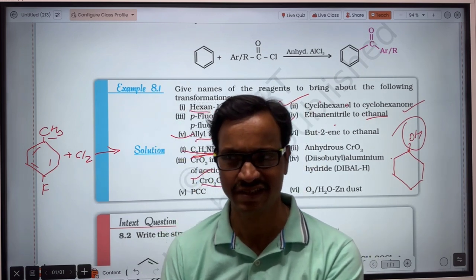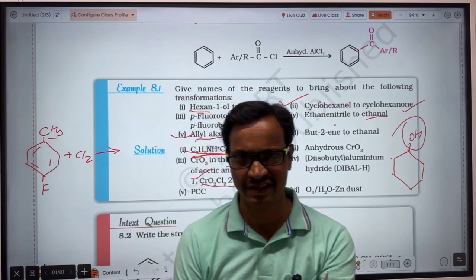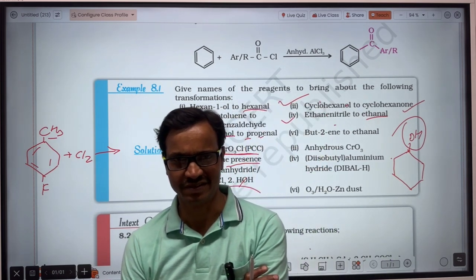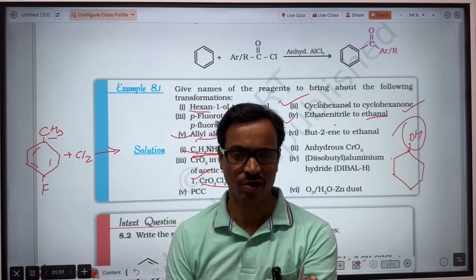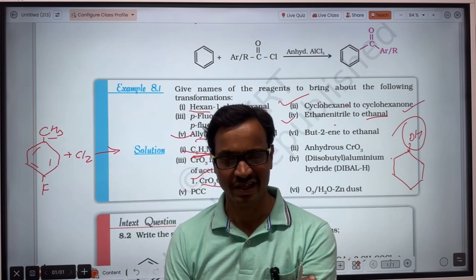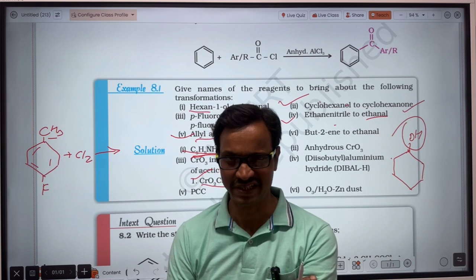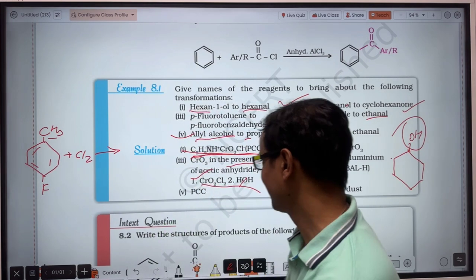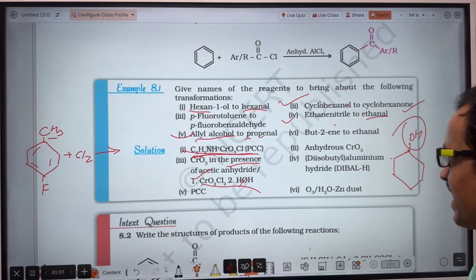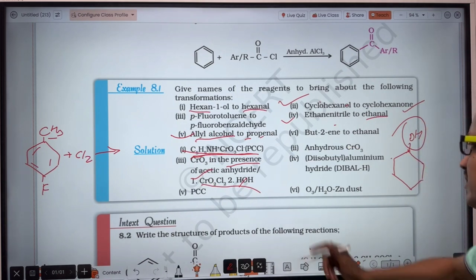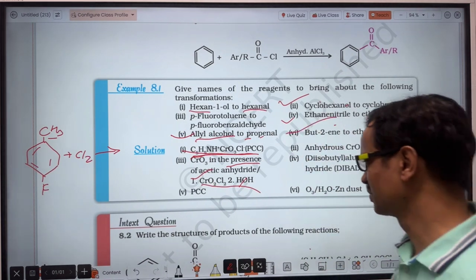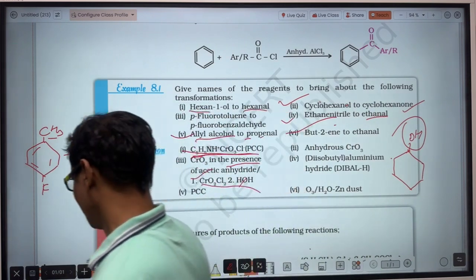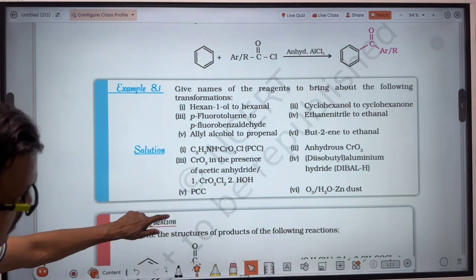But when you take PCC, the pyridine chlorochromate will oxidize the alcohol into aldehyde, but will not affect the unsaturated carbon atom. So that's why here also PCC. For this one, you do ozonolysis followed by water.